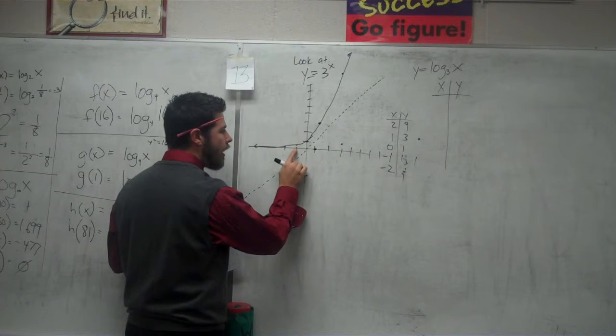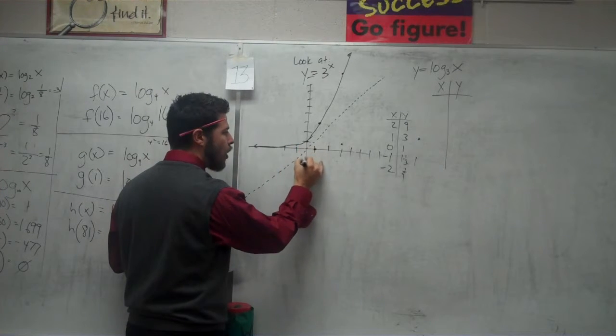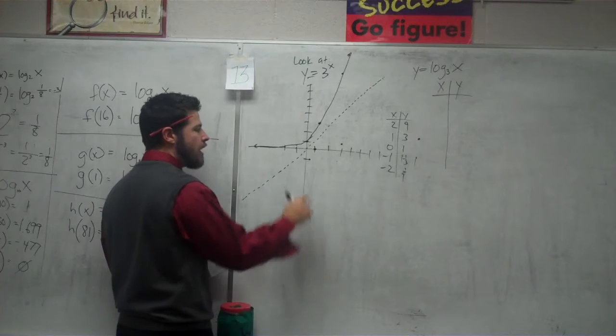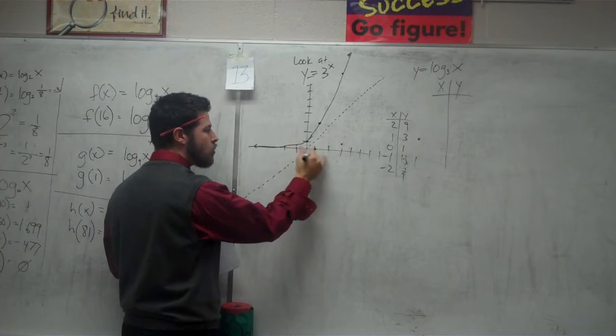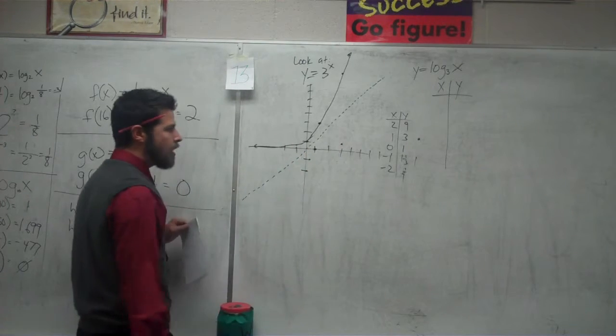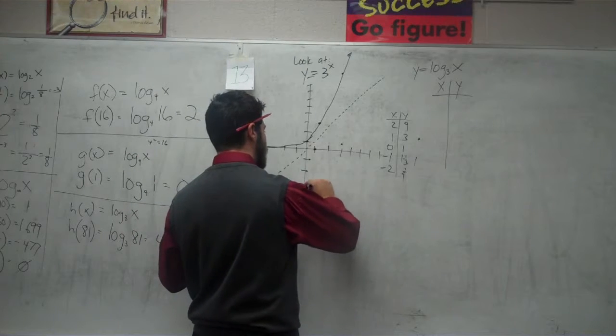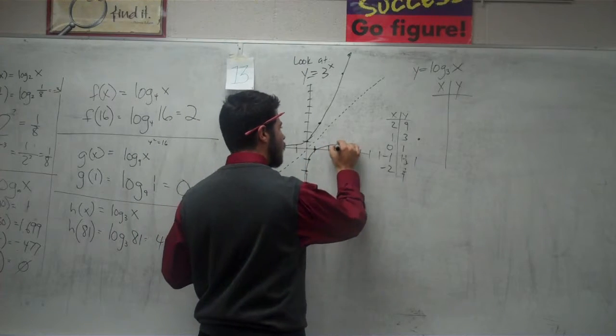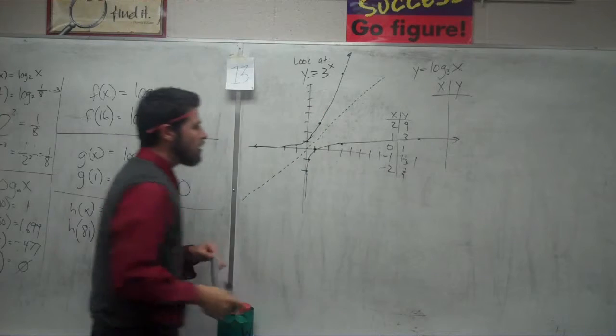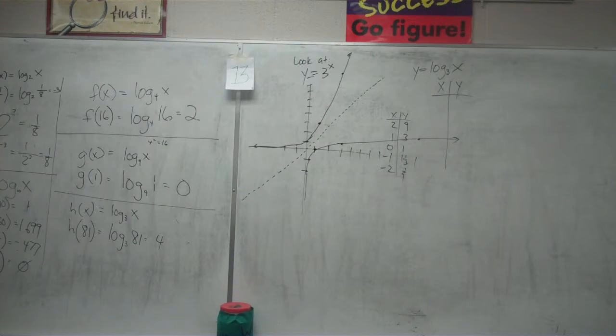Negative 1, 1/3 becomes 1/3, negative 1, which is here. Negative 2, 1/9 becomes 1/9, negative 2, which is there. And if you notice, this is going to come through here and go through that point, and it looks like symmetry. It looks like I just flipped that thing right over.